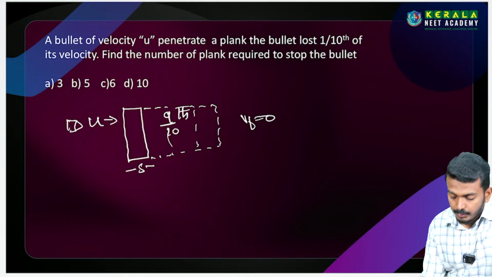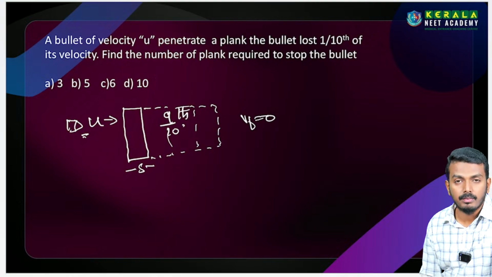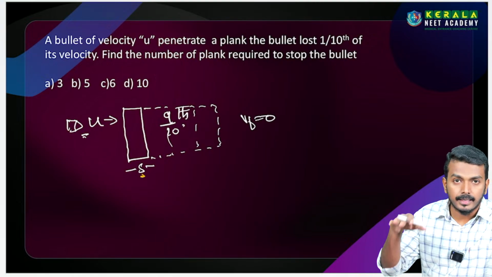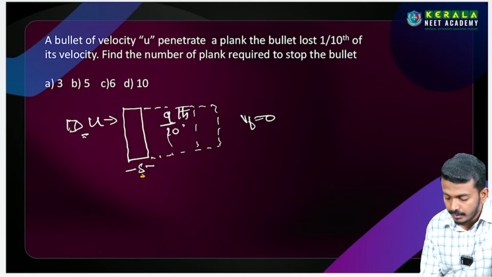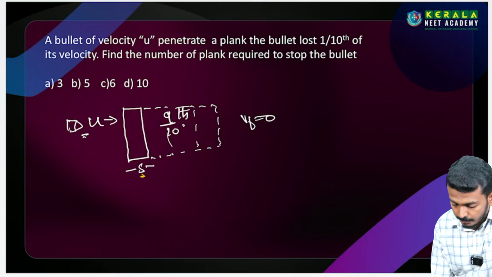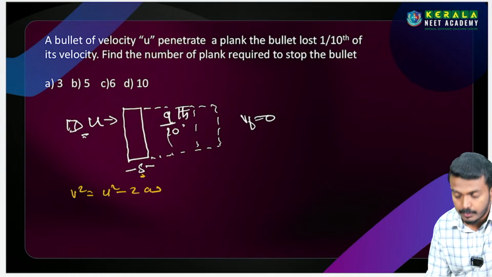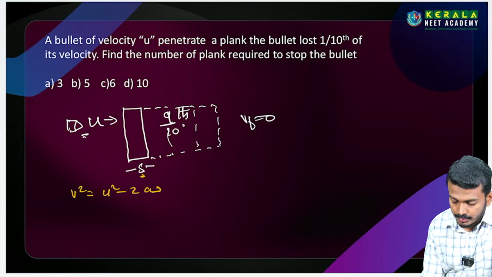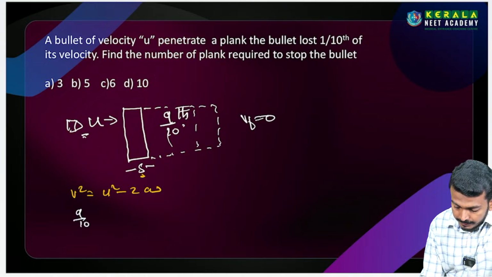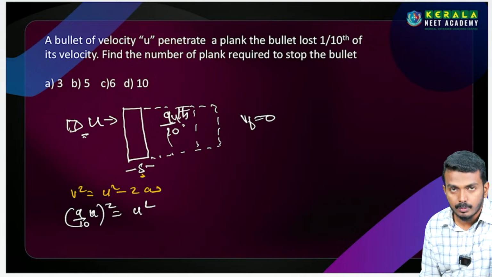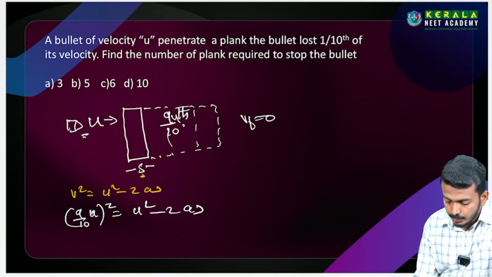Yes. You know the initial velocity and you know the final velocity and the displacement. The body is having retardation while penetrating. Then tell me what formula you can use. We can use what formula? v square is equal to u square minus 2as. What is the final velocity of the body? 9 by 10 u. 9 by 10 u whole square is equal to, what is the initial velocity? u square minus 2as.